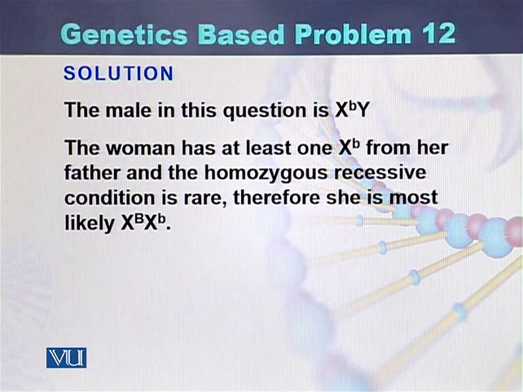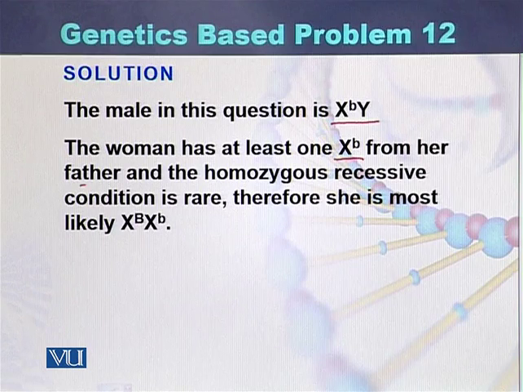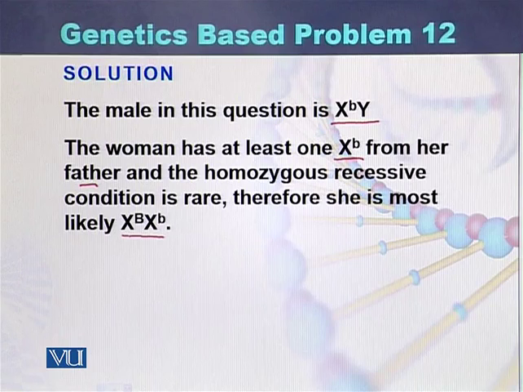In this case, the male would be X with the recessive allele and Y chromosome, because the male has the disease, baldness. The woman has at least one recessive allele from her father, and the homozygous recessive condition is rare. Therefore, she would be heterozygous, because she has two X chromosomes.